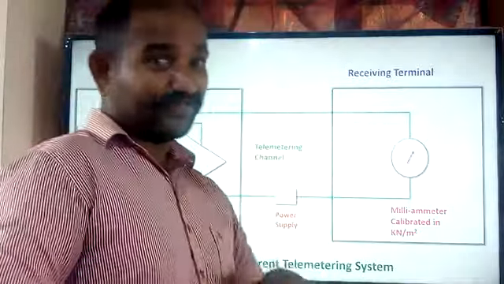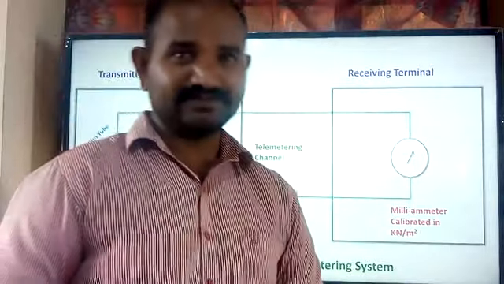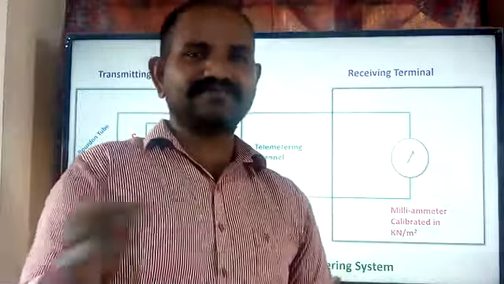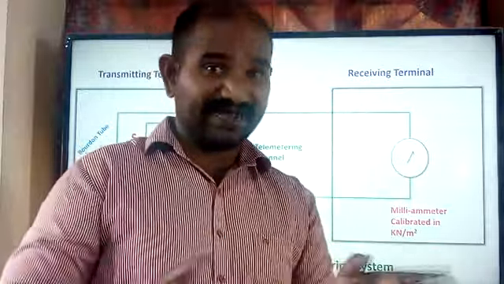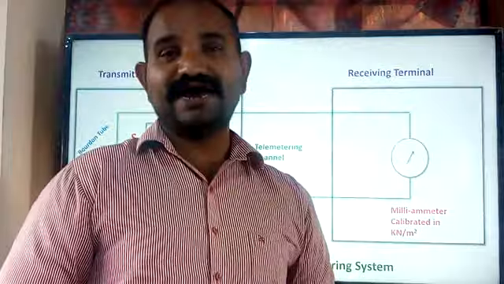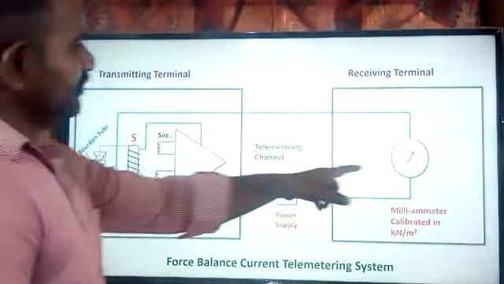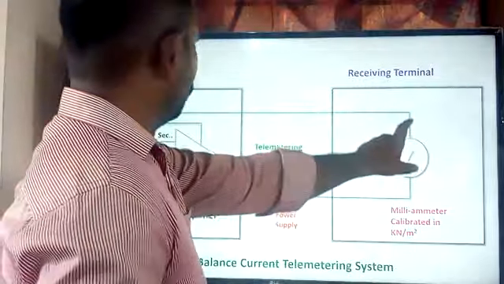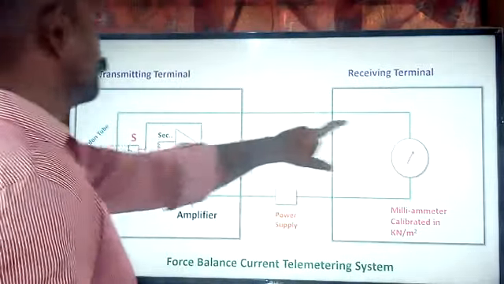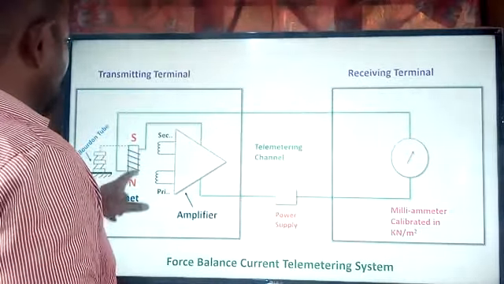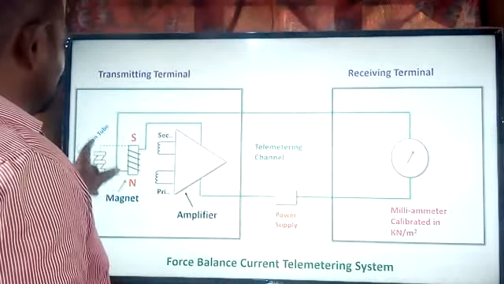But the tricky part is the difference between the motion balance current telemetering system and the force balance current telemetering system. In the motion balance telemetry system, we do not have a feedback element, but in the force balance current telemetering system, we have the feedback element. A part of the current which is driven is taken back and connected to the block, which rotates based on the Bourdon tube changes.